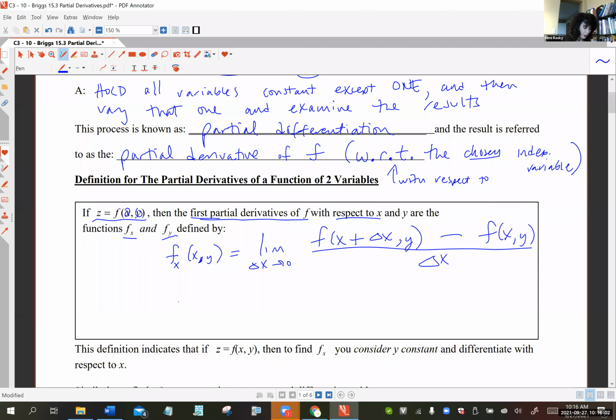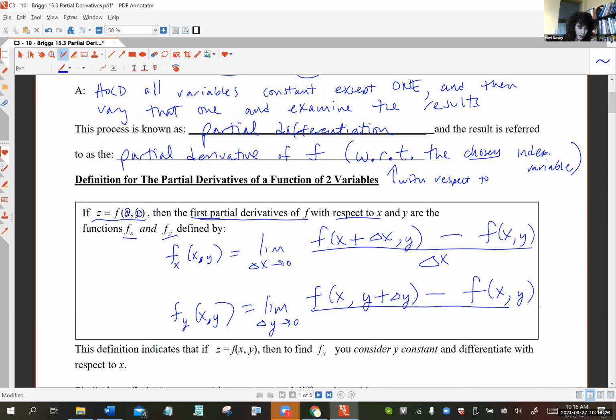The other first partial derivative is the derivative of f with respect to y, using the notation f subscript y of x, y, because it's also its own function. That's also given by a limit, only this time you take the limit as delta y goes to 0 of f of x comma y plus delta y, minus f of x comma y, all over delta y.